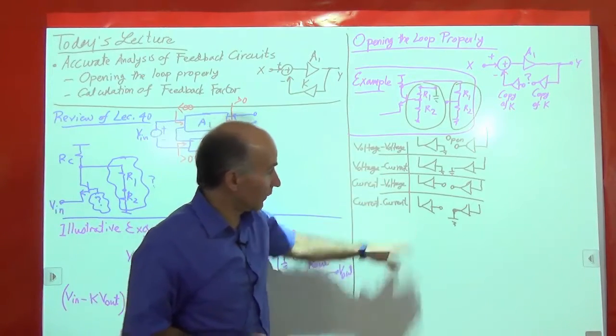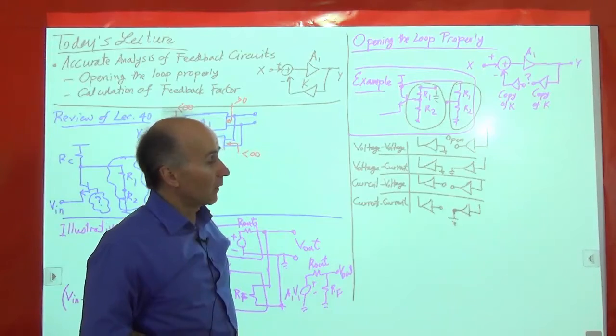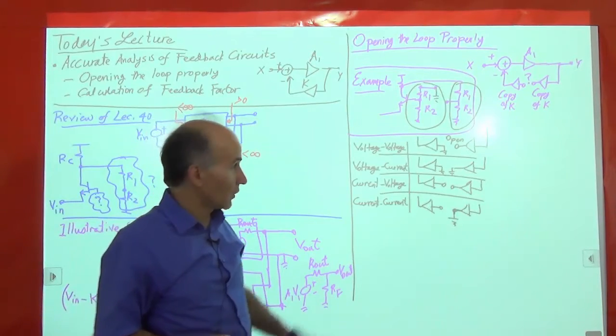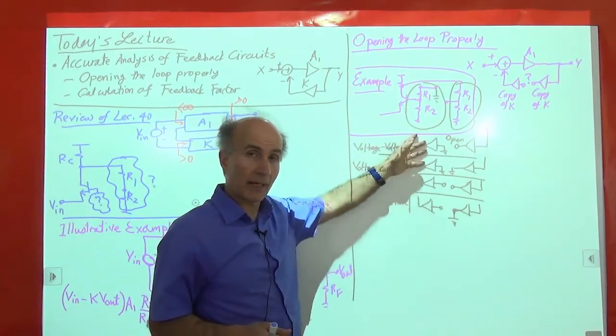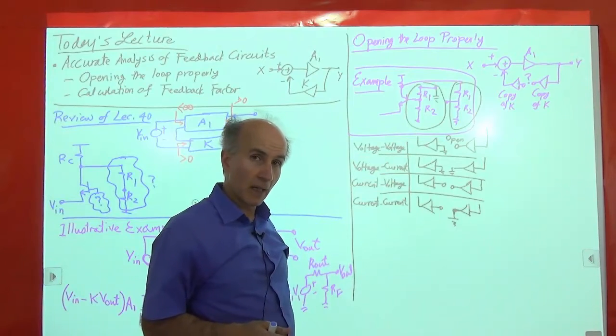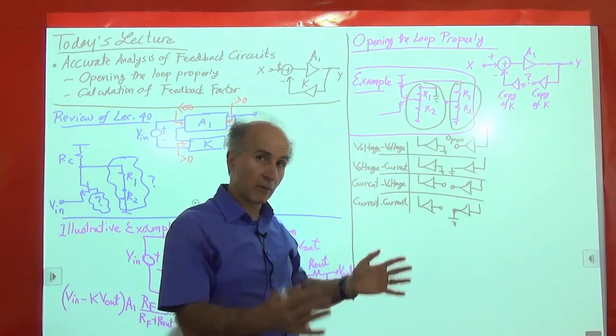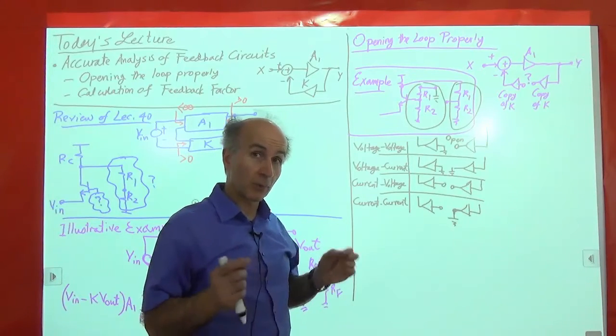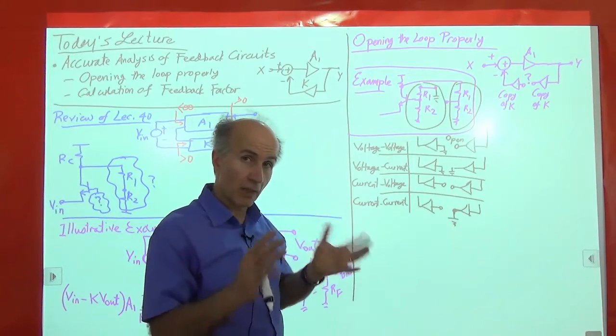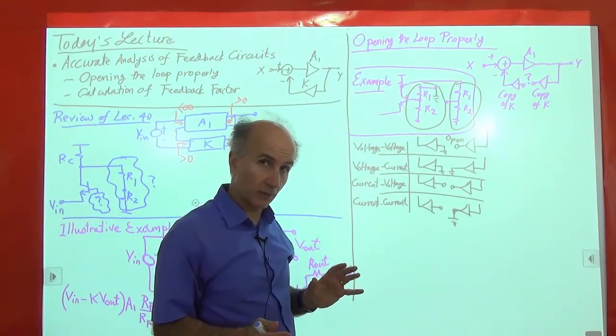All right, so here are the 4 cases that we need to remember. We'll go through some examples just so we are clear on how these ideas are applied, and that will show us exactly how we can open any of these 4 feedback topologies properly to make sure all the loading effects are taken into account.